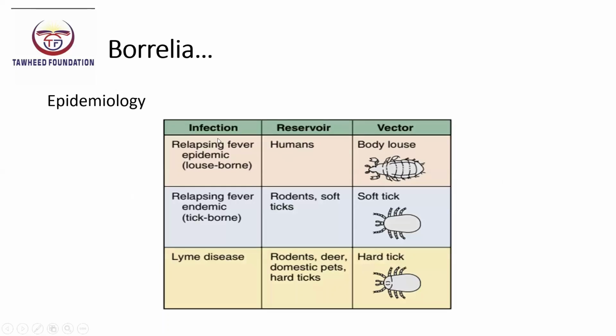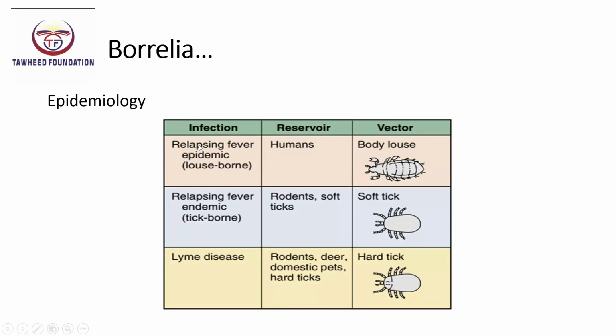So, as you can see in this table, it is divided into three parts: infection, reservoir, and vector. Infections are epidemic relapsing fever, louse-borne; relapsing fever, endemic, tick-borne; and Lyme disease.